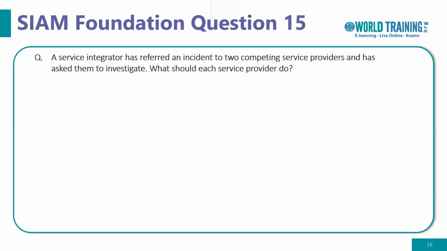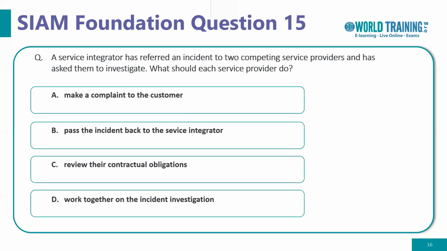Coming back to question number 15, a service integrator has referred an incident to two competing service providers. So there is an incident which has been given for investigation purposes to two service providers, and now they are supposed to investigate. In this case, what should each service provider do?